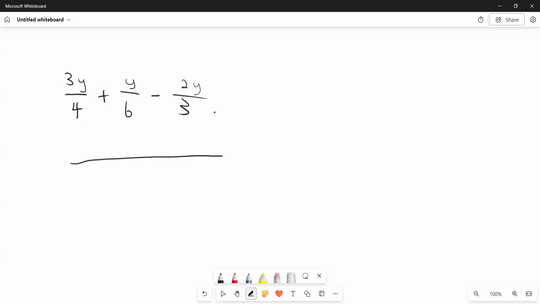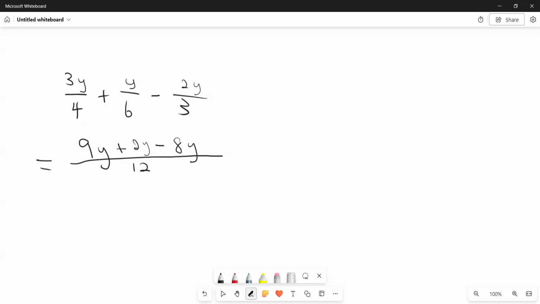Your LCM is the same, 12. 4 into 12 is 3. 3 times y will give you 9y. Okay. You put back the plus sign. 6 into 12 is 2. 2 times this y is 2y. Minus 3 into 12 is 4. 4 times this 2y is 8y.